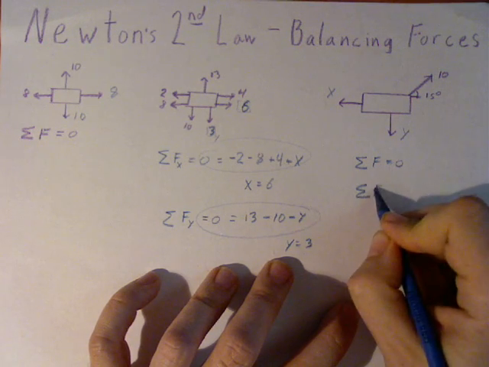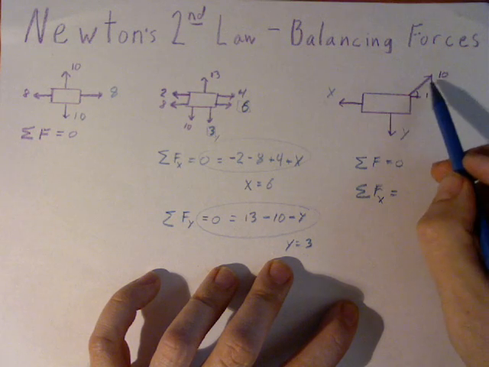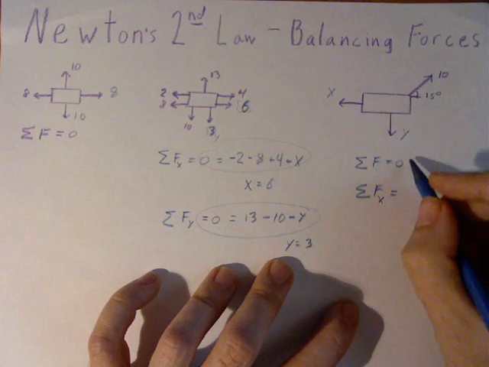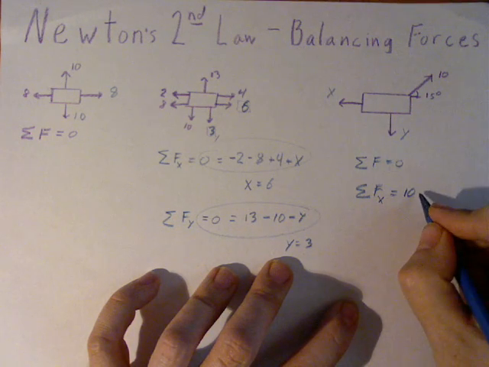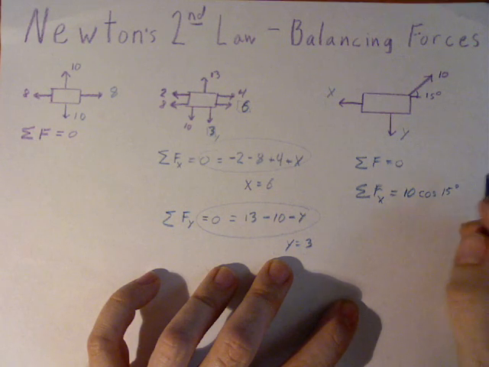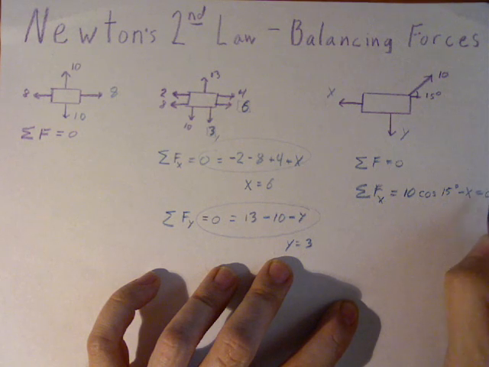For summation of forces in the x direction, we will have the horizontal component of 10 at 15 degrees, so I will write 10 cosine 15 degrees minus x equals 0.